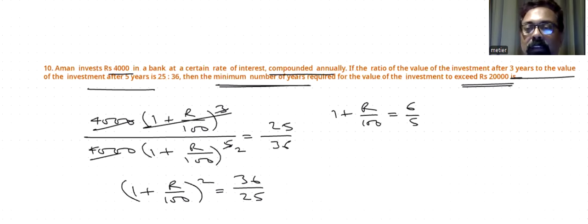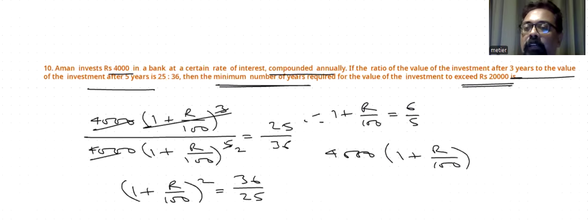Now what do we require? This is the relation we are given. Don't try to solve for R, because finally we have to apply this 1 plus R by 100 again. So it is nothing but 4,000 into 1 plus R by 100 whole to the power T. They are asking about the minimum number of years for the value of investment to exceed 20,000.